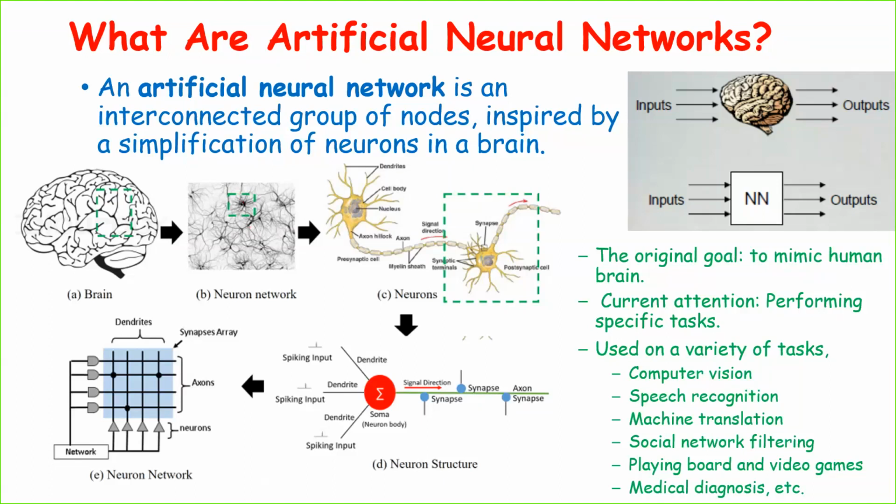Similarly, in an artificial neural network, we are connecting artificial neurons. So the mind can be seen as a biological neural network, an interconnected network of various biological neurons, whereas the artificial neural network is an interconnected network of artificial neurons, right?